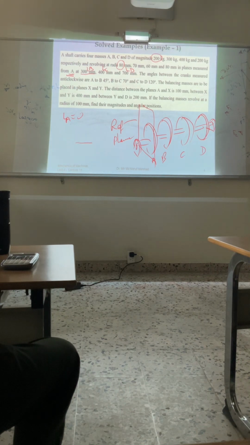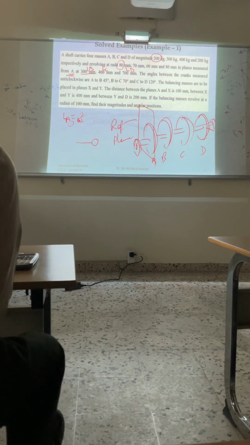So now, based on what he said, the angles between the cranks. When he says the cranks, it does not mean the literal crank which is used in the internal combustion engine. He means by cranks here R's, R1, R2, or RA, RB, RC. The angles between cranks measured anti-clockwise are A to B 45, which means A could be oriented in any direction, but I have to make the angle between A and B equal to 45.